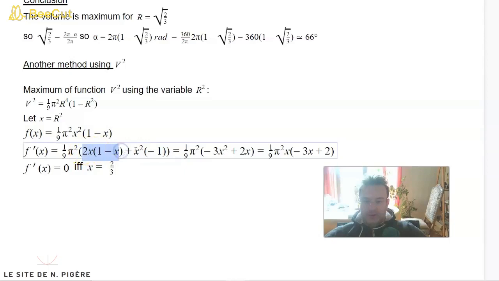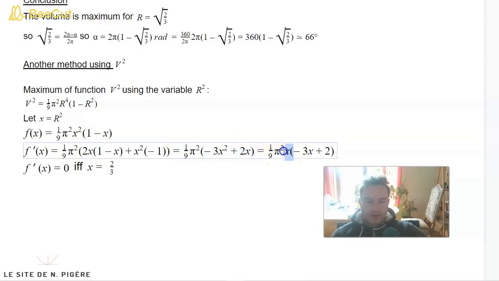Minus 2x squared minus x squared, it's minus 3x squared, plus 2x. Why do I have minus 2x here? Okay, so now we've got 1 over 9 pi squared times 1 minus 3x squared plus 2x.